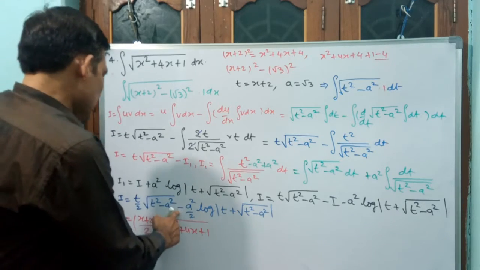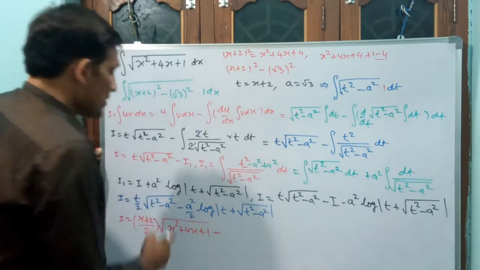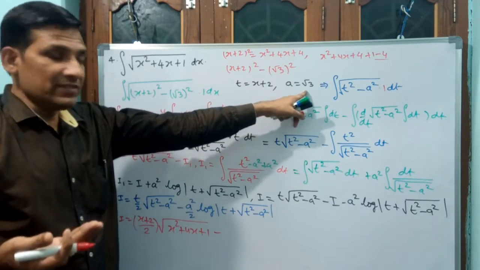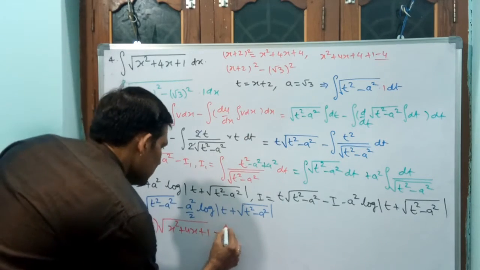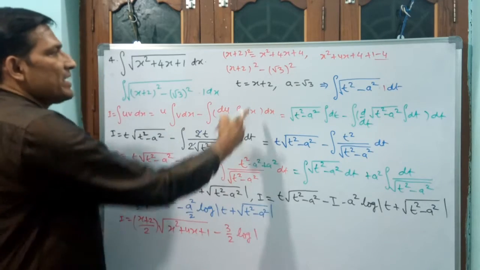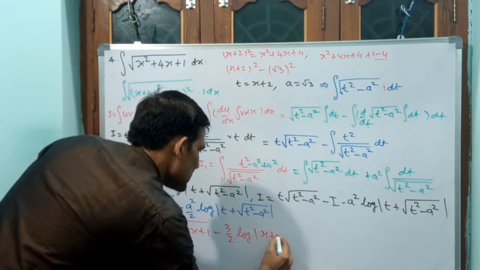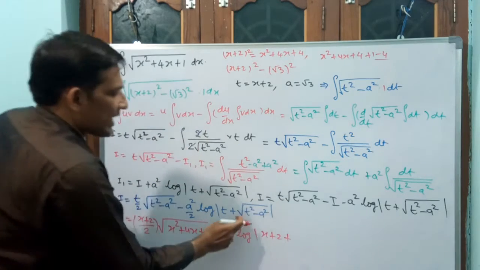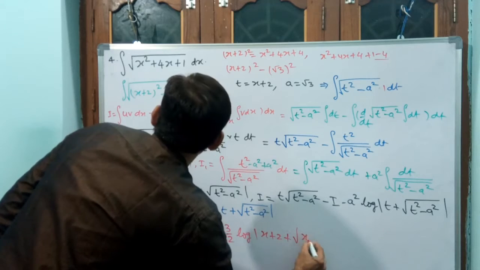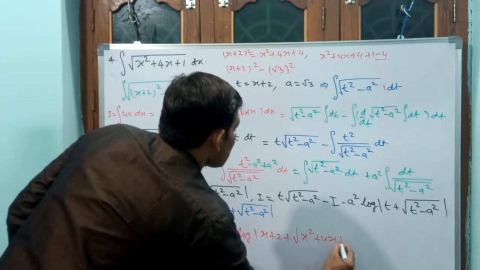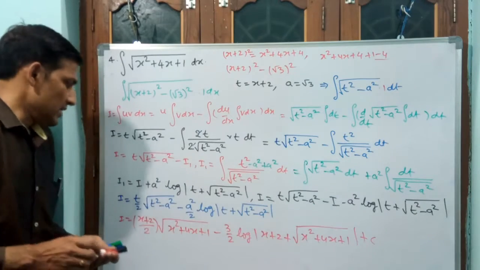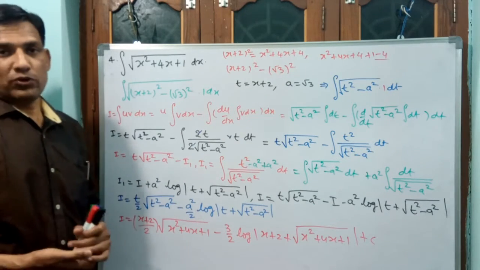Minus a square by 2. See, a will be root 3, a square will be 3. 3 by 2. Right now. 3 by 2 log modulus t. T is what? X plus 2. Plus, again, square root of t square minus a square is this one. Complete. X square plus 4x plus 1 under root, modulus. Now you write plus c. Okay. This is answer for your fourth question.